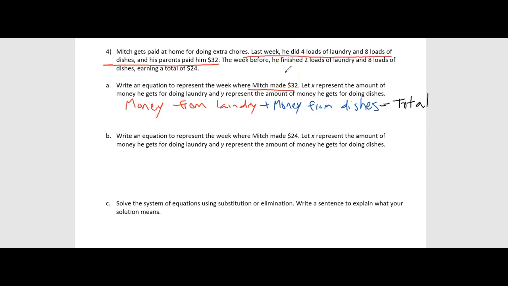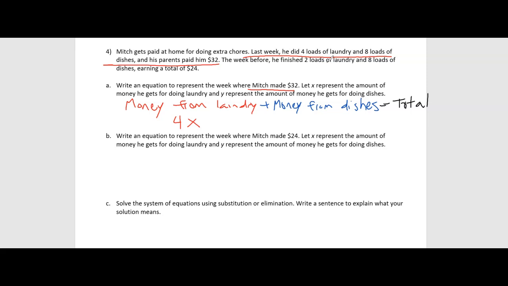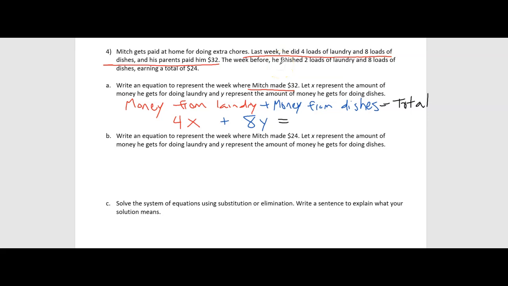So 4 loads of laundry, and he gets paid X amount of dollars for those. So it would be 4 times X. For dishes, he did 8 loads of dishes, and he gets paid Y dollars for doing dishes. So 8 times Y. We do know the total. The total is $32.